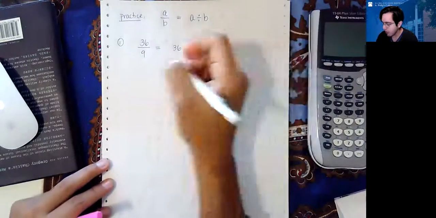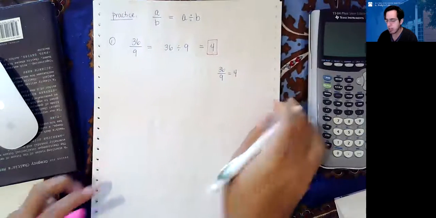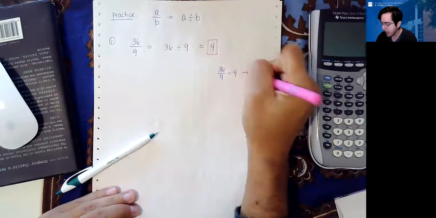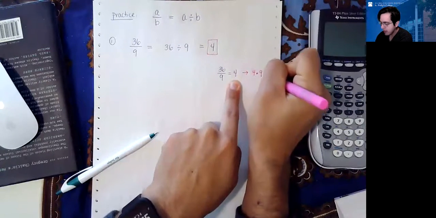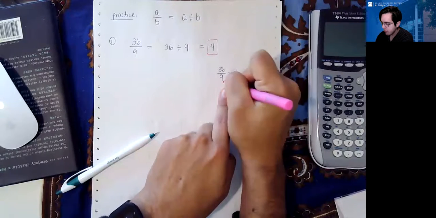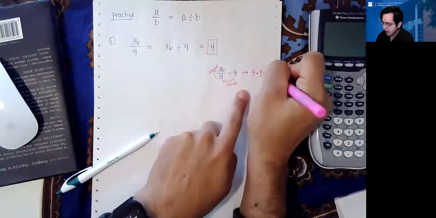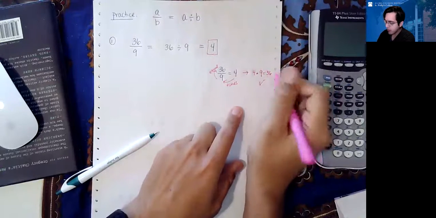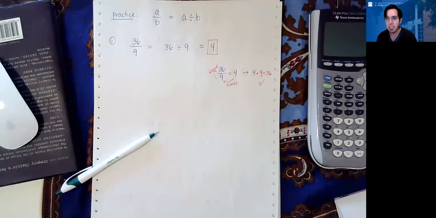If 36 divided by 9 is equal to 4, and that is correct, then it implies that 4 times 9 should equal 36. And if that multiplication is true, then you correctly answered the division problem. So you can always check your division by reversing the operation and making sure that the multiplication works out.